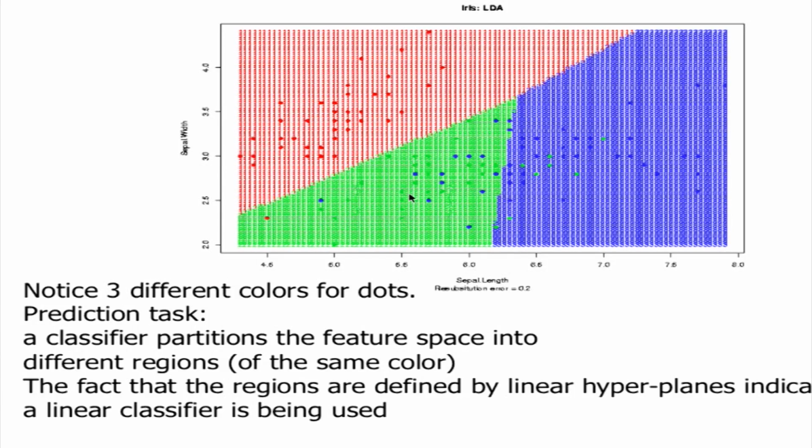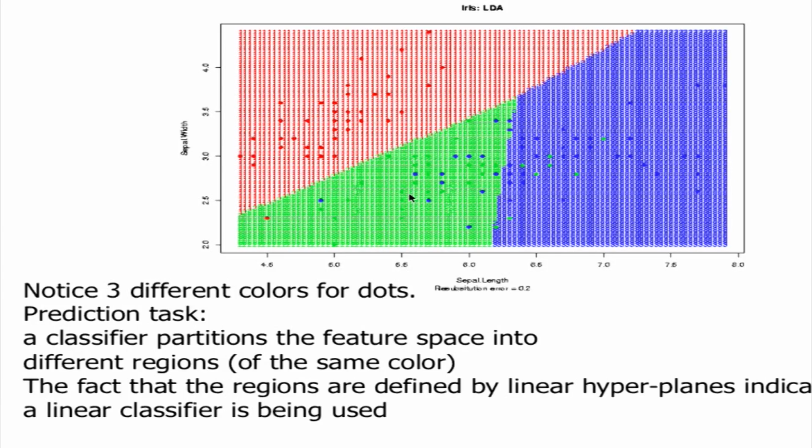And when you look at it, you could say, well, maybe having these straight lines, these hyperplanes to partition the space is too rigid. Maybe I need a smooth or a curvilinear relationship. And that's exactly what different prediction methods do. Prediction methods differ according to how they partition this space into regions.